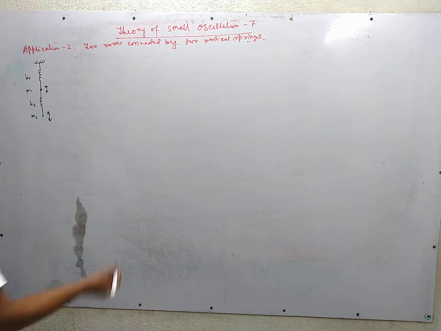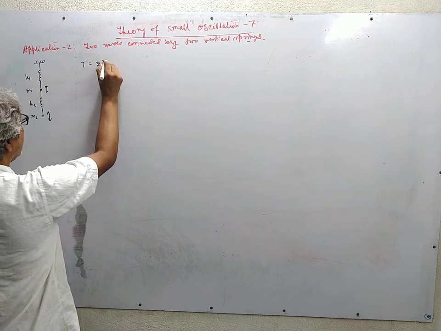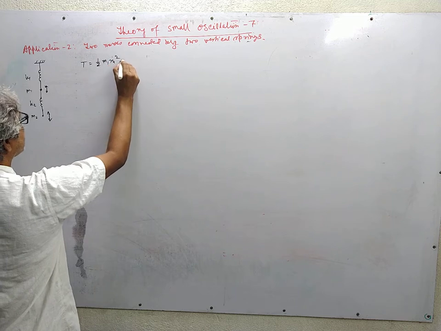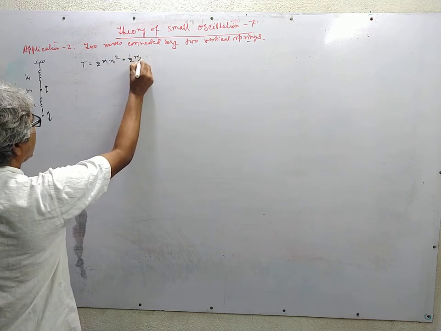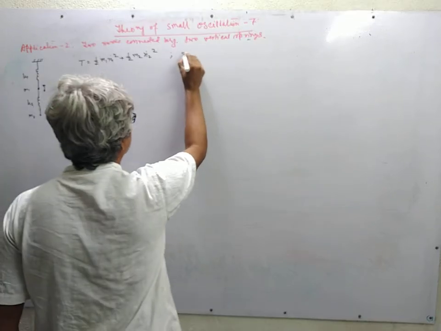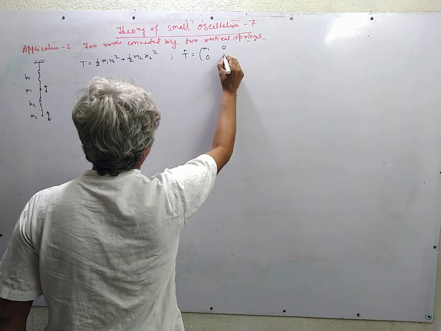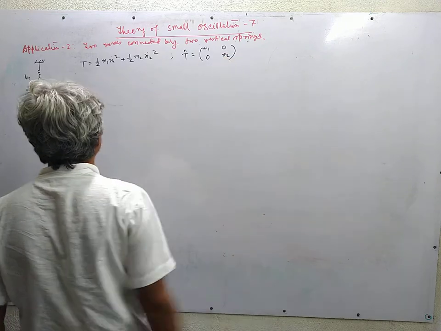So the kinetic energy is as usual: half m1 x1 dot square plus half m2 x2 dot square. So the kinetic energy operator P is m1, 0, 0, m2.